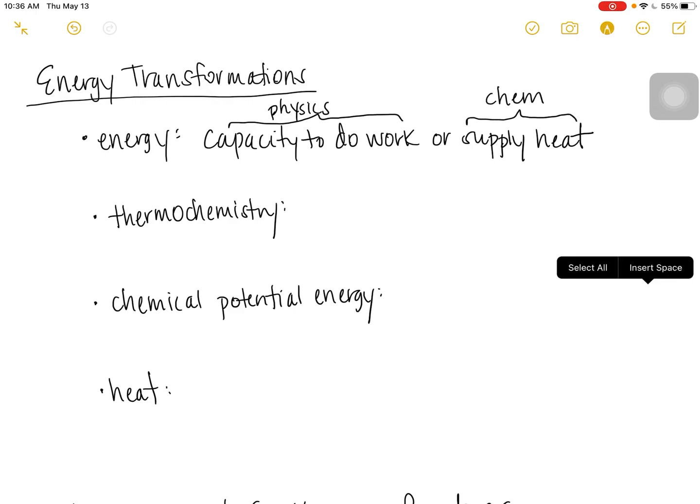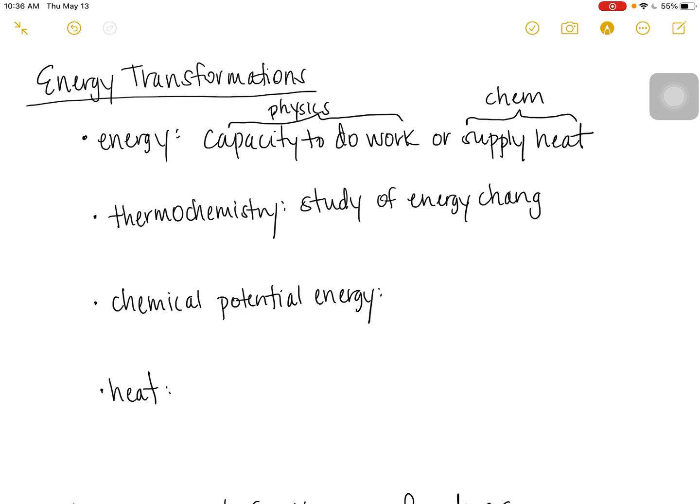Okay, so what is thermochemistry? It's the study of energy changes in reactions. So we've been talking about chemical reactions for a very long time. At this point, what we're talking about now is what is the energy flow in a chemical reaction, and we'll be a little more specific about that later.